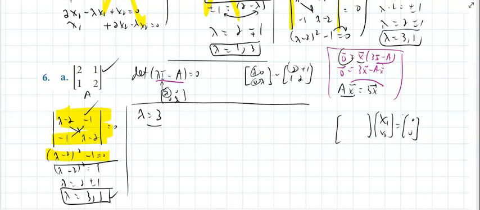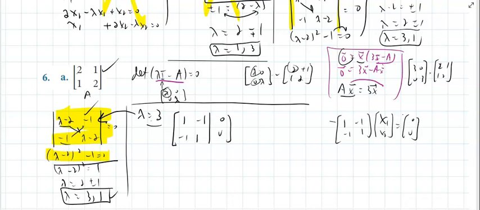Well, that is 3, 0, 0, 3 minus A, 2, 1, 1, 2. 3 minus 2 is 1, negative 1. 0 minus 1 is negative 1, and 3 minus 2 is 1. Or if I just take lambda equal 3 and I put it in there, 3 minus 2 is 1, negative 1, negative 1, 1. Do you see I get the same result?